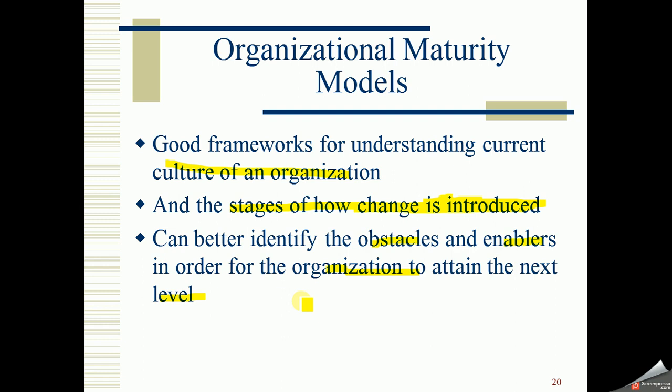So they say that you cannot improve something that you cannot measure, right? So if we want to improve the culture of an organization, first we need to be able to measure the culture of the organization. So these maturity models provide us a way to gauge, to analyze, or to measure the current culture of the organization, where we are and where we need to go.